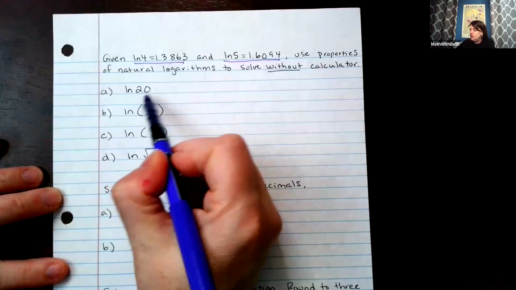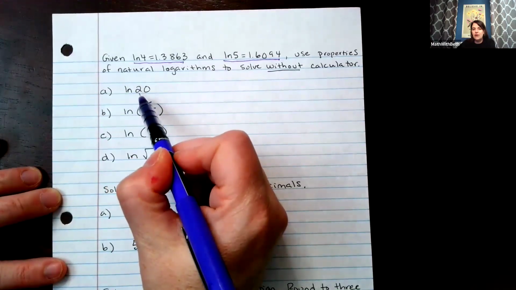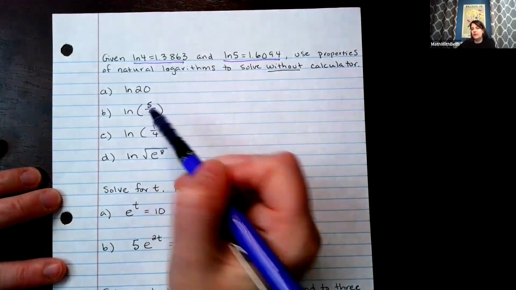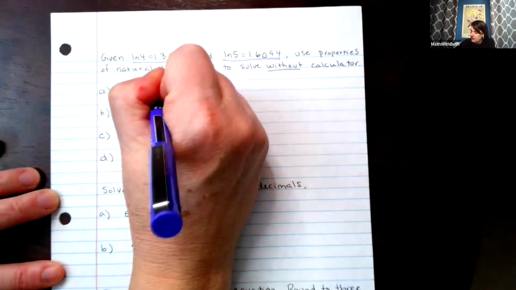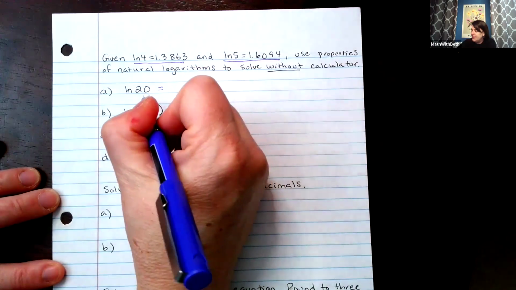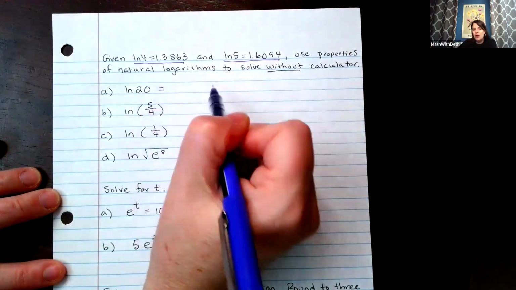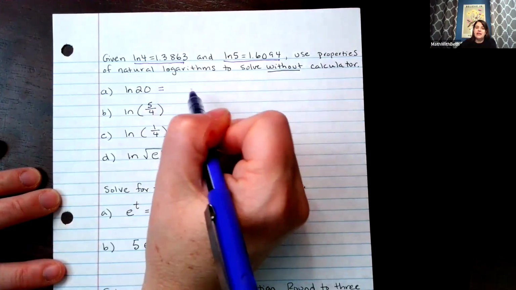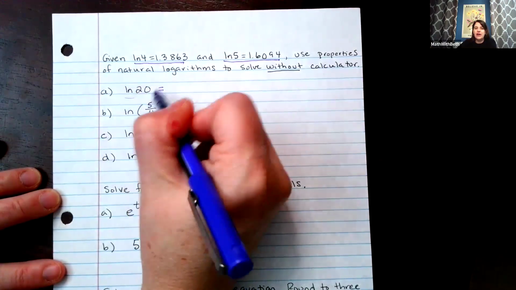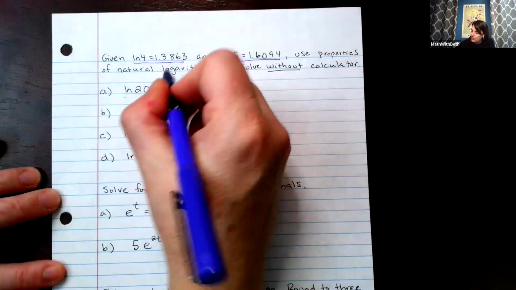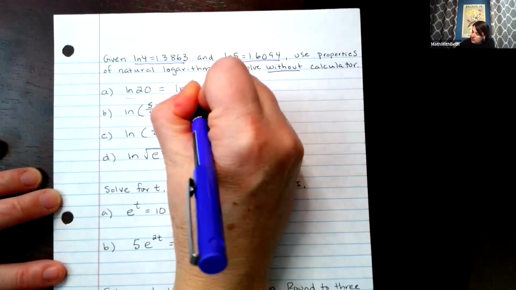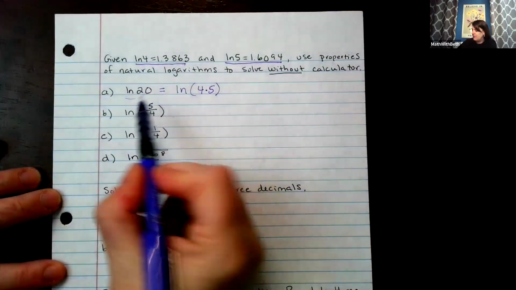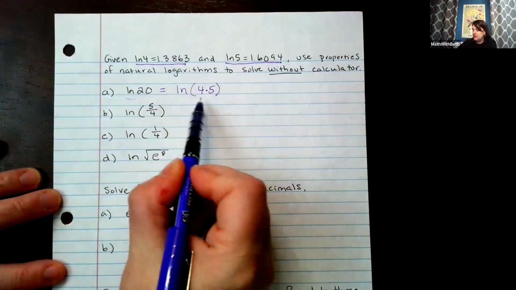They're basically saying, could you rewrite this somehow to involve just ln4 or ln5 so that you could do it without a calculator? And the answer to this is yes, if you remember that 2 logs being added is the same as putting them together as 1 log being multiplied, which means since 20 is the same thing as 4 times 5, hopefully everyone agrees I could rewrite it this way if I want to.